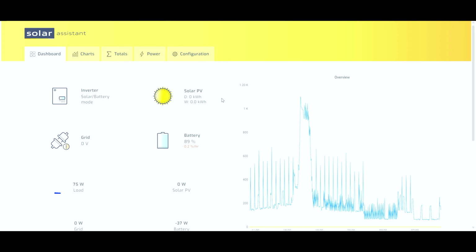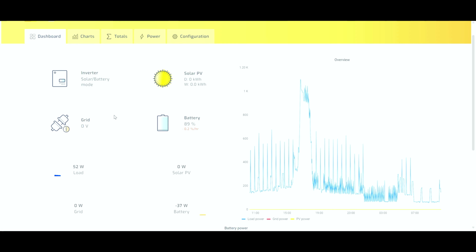So the state of charge comes from the batteries through the inverter to the Solar Assistant, and then the Solar Assistant can just talk to the device and control it. If you're using Victron, or Schneider or Lion or Grid Down or any of the others, they should have something similar, but I don't have those up and running to be able to show you.